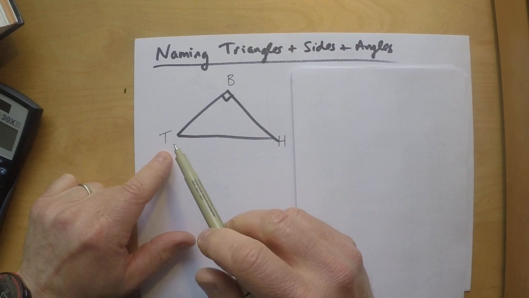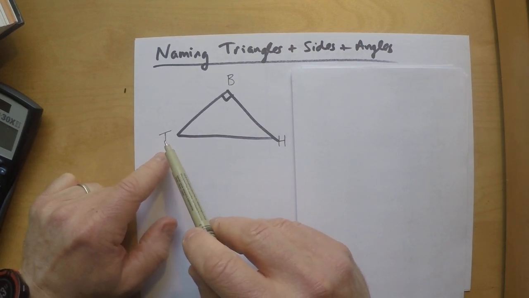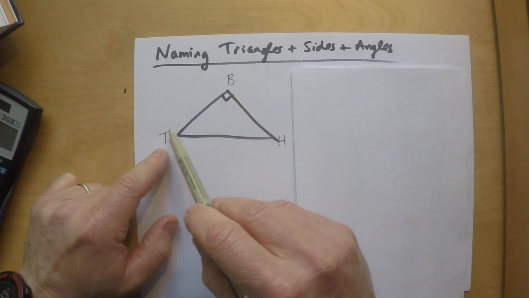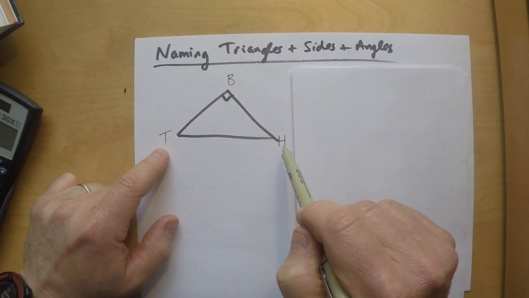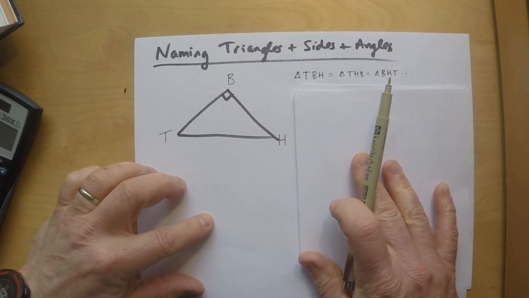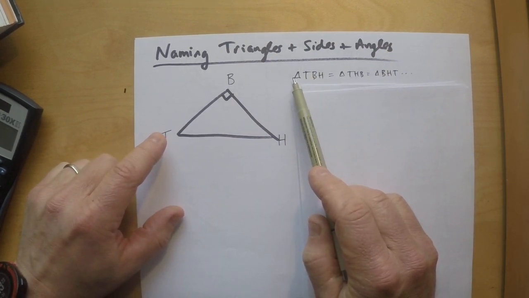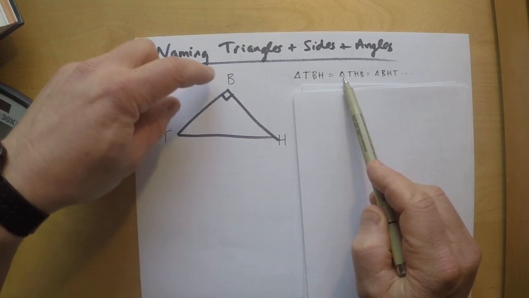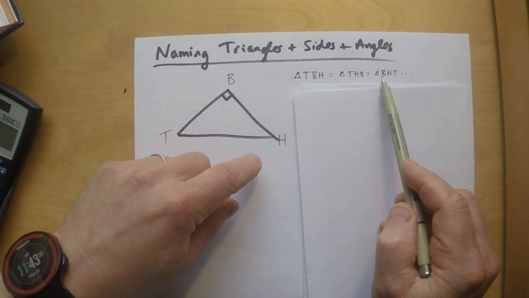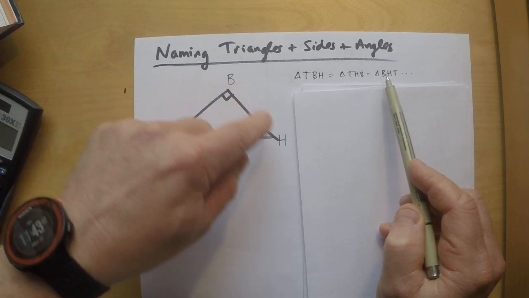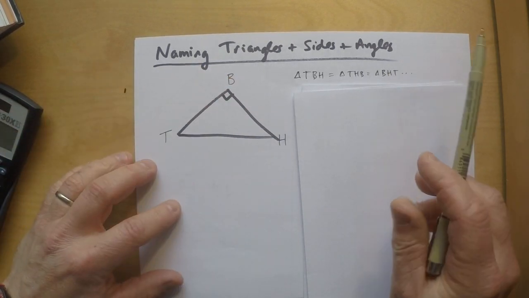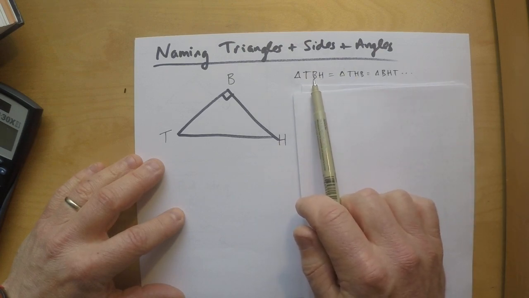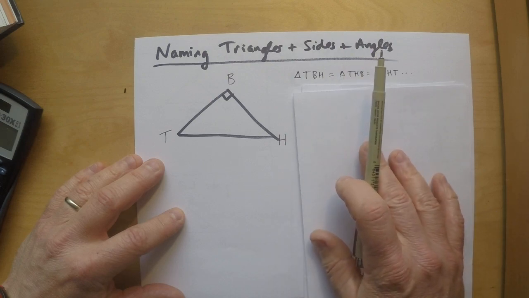Let's say you had this triangle that had the vertices labeled uppercase T, B, H. You could call this triangle TBH, or triangle THB or triangle BHT. You could do any combination of those letters. To be honest, get that one, there's a good pun. To be honest, it doesn't really matter the order that you put that in.